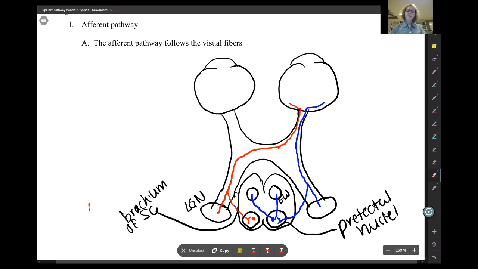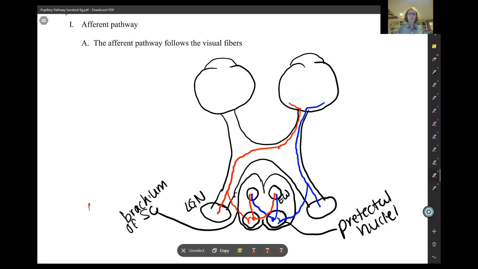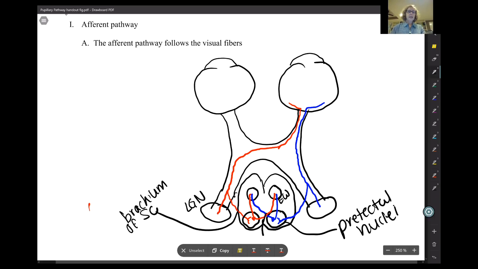About half of the fibers stay on the ipsilateral side, and then another half cross over and go to the Edinger-Westphal preganglionic cells on the opposite side from the pretectal nucleus. That's our central pathway. And I do want to point out also these cross in the posterior commissure.